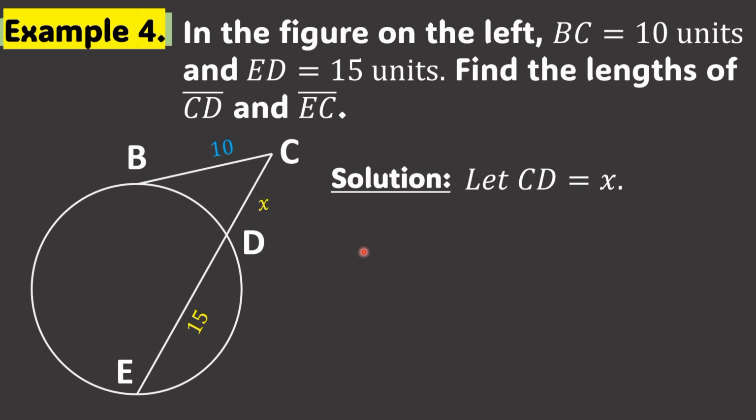Assigning X for the length of CD, applying the intersecting tangent segment and secant segment at the exterior point of the circle. BC squared is equal to the secant segment times its external part, EC times CD.